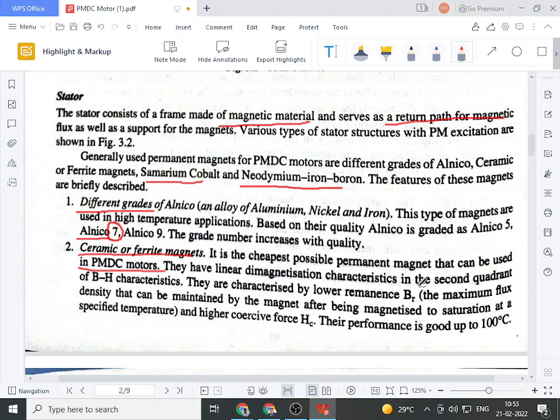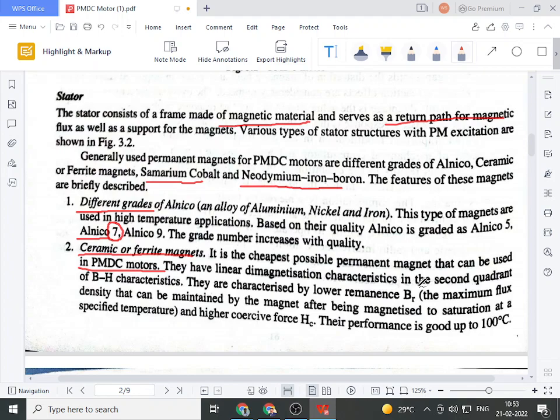If you recall the BH curves of permanent magnets, they lie in the second quadrant. The operating characteristic of a permanent magnet BH curve is always in the second quadrant.